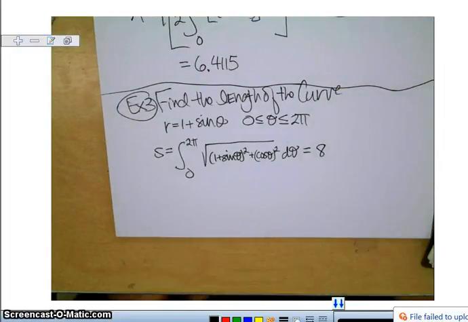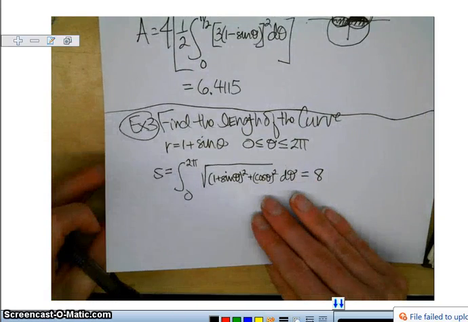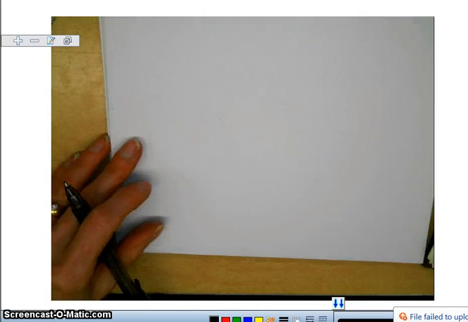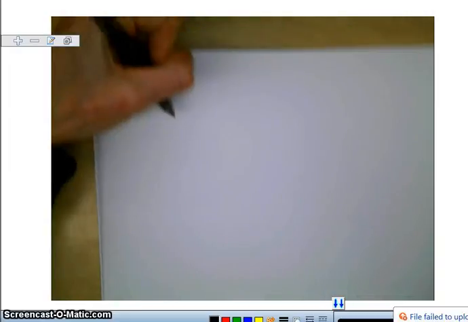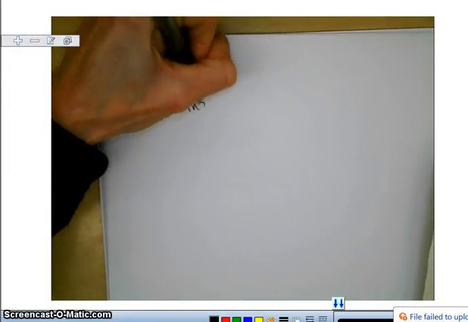Okay. Now, area of a surface. Example 4. Find surface area.